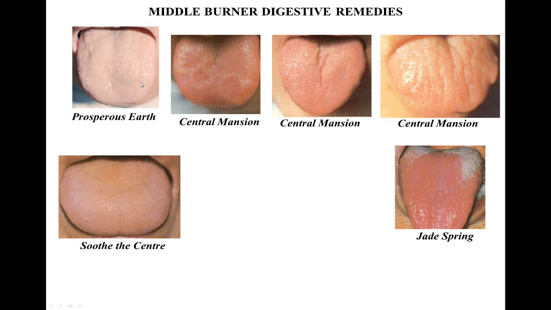So in Prosperous Earth, it's pale, but with a coating. That's straightforward Qi deficiency. Central Mention, they're all partially missing a coating. So it is Stomach-Qi and Yin deficiency. And this one with Jade Spring is almost completely without coating. So it is full-blown Yin deficiency.